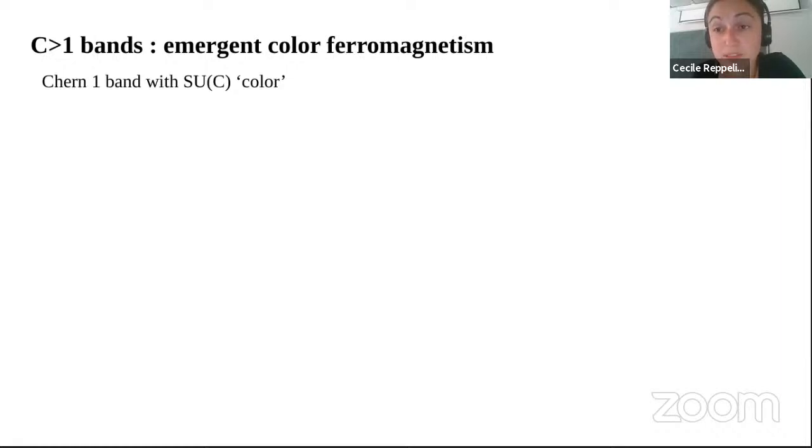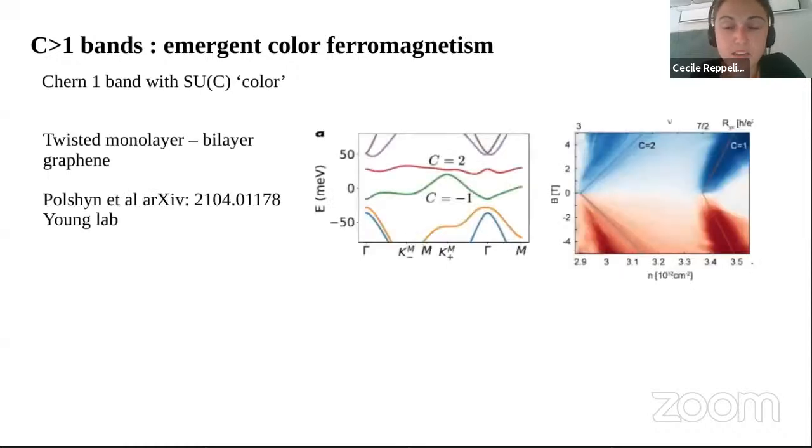And when this is the case, then you can really think of the Chern C band as a Chern 1 band with a color degree of freedom, an SU(C) color degree of freedom. So it's a bit like having C Landau levels at the same energy, and maybe with a bit of bandwidth and so on, all the things that make a Landau level different from a Chern band.